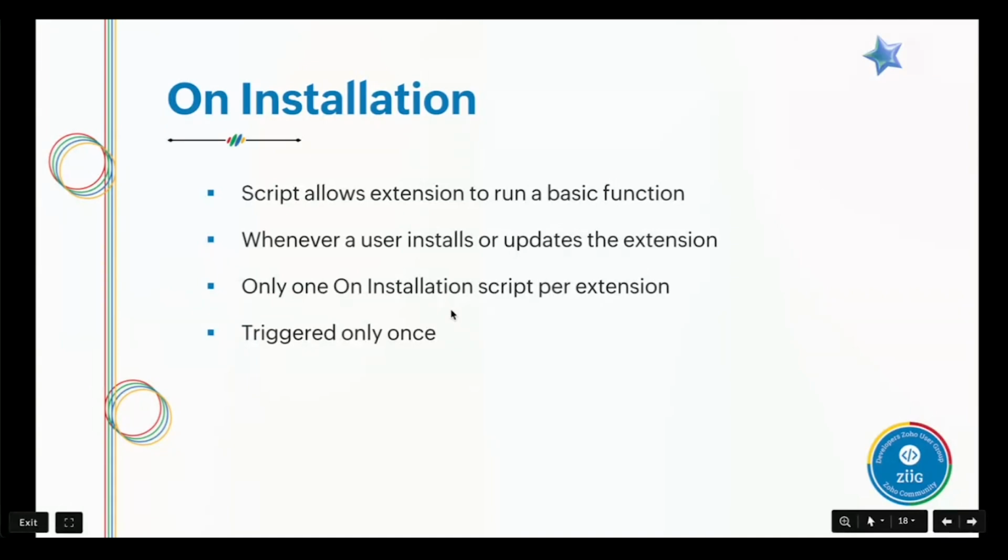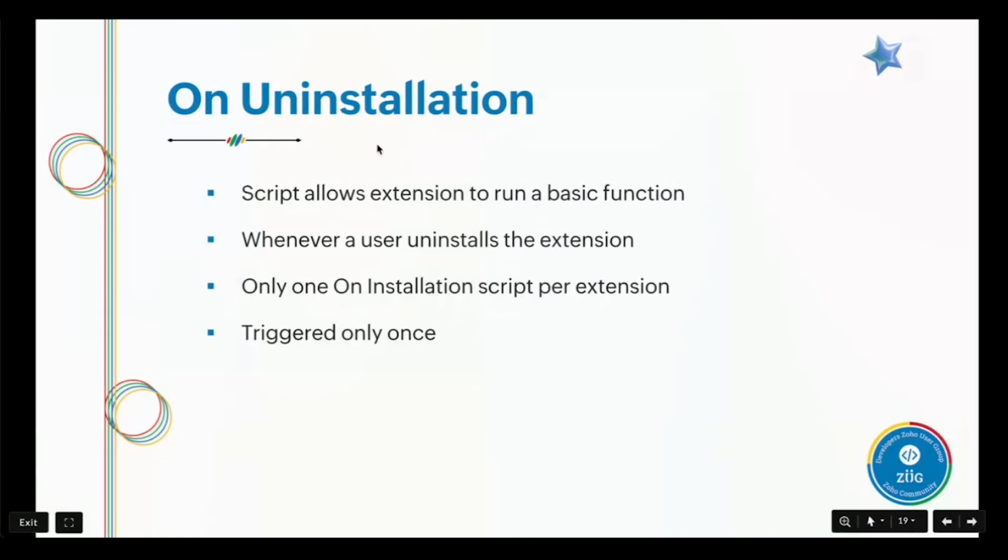In the same way, the uninstallation script also provides us the option to create a script which allows the extension to run a basic function on uninstalling the extension. Just like the on install function, only one on uninstall script can be created for an extension, and it can be triggered only once for an extension.